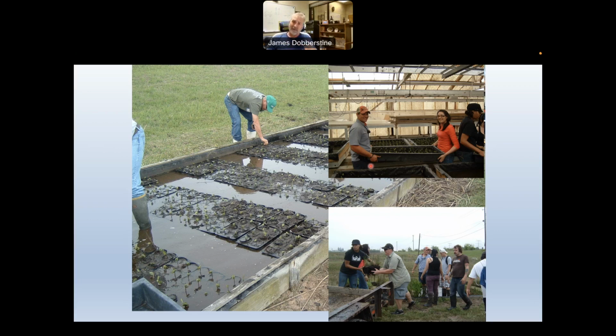But this is time consuming work. These plants might need hands-on cultivation for 2 years or more in some cases before they're ready to go plant. So in the previous slide where you saw people out there actually planting, a lot of times there was a year or more of effort on the front end of that, getting the plants ready to go out to the marsh.